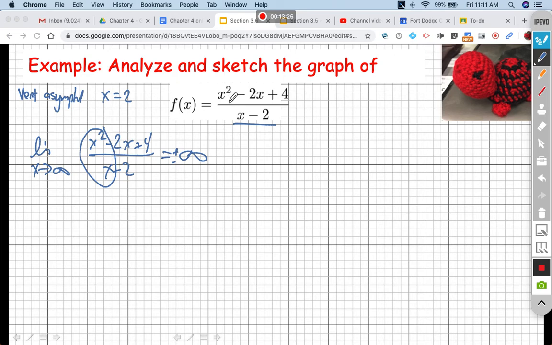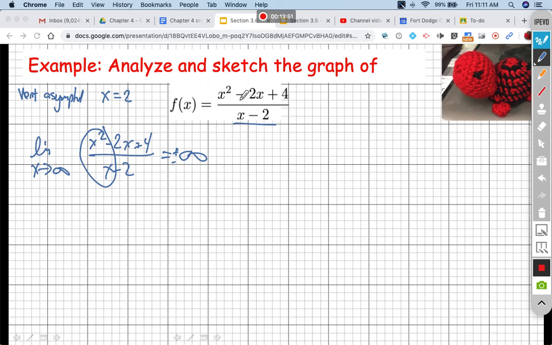So if we're positive numbers, this x squared is going to take over, and it's going to be positive on top. But infinity minus 2 is still positive, so it's going to be positive infinity on the right. But when we go to negative infinity, this is going to be negative infinity minus 2, so this will be negative.